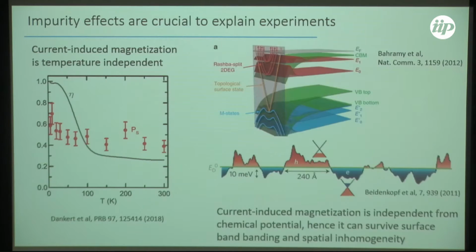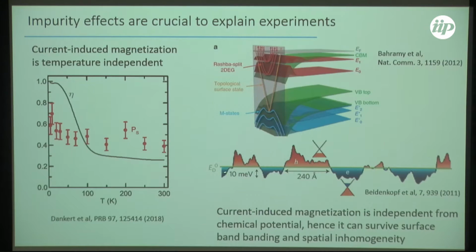And secondly, you know that at the surface of topological insulators, there are actually a lot of realistic issues. For instance, in this paper by the Nagaosa group, they pointed out that you have this kind of surface band bending, so the chemical potential near the surface is not exactly the value inside the bulk.